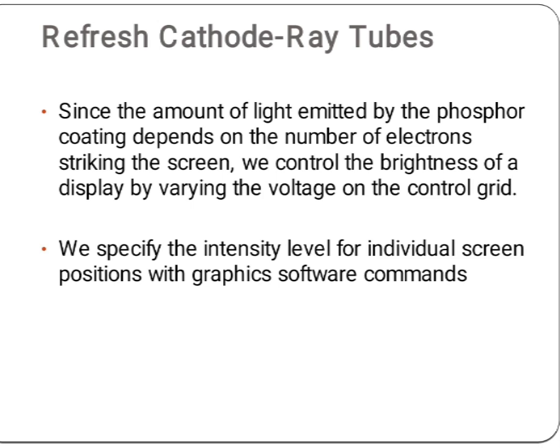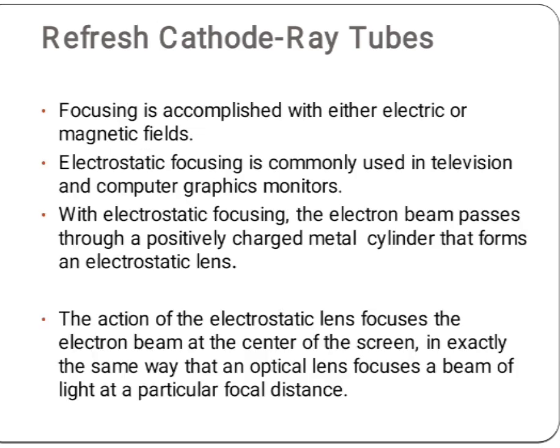Since the amount of light emitted by the phosphor coating depends on the number of electrons striking the screen, we control the brightness of a display by varying the voltage on the control grid. We specify the intensity level for individual screen positions with graphics software commands.